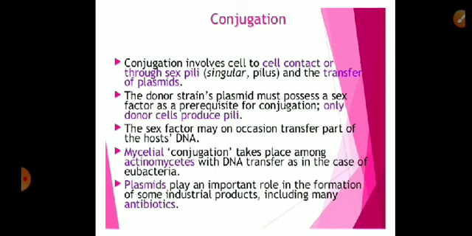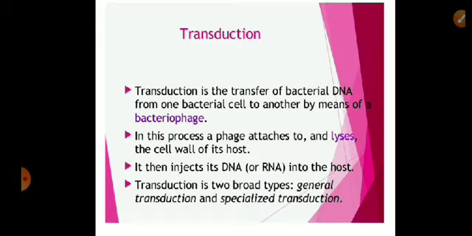This is a unidirectional transfer, from donor cell to recipient cell. Mycelial conjugation takes place among actinomycetes with DNA transfer, as in the case of eubacteria. So conjugation is a means by which we can develop recombinant cells.